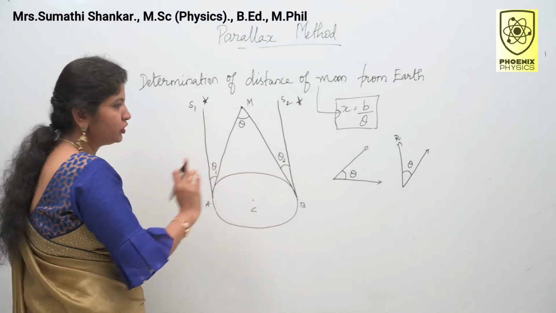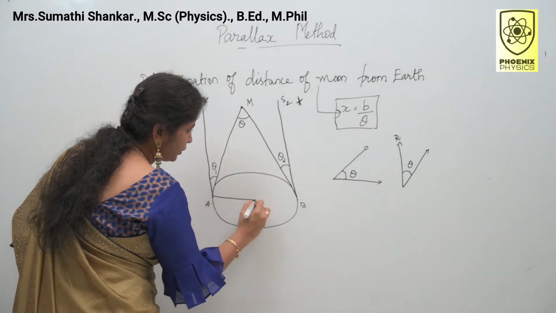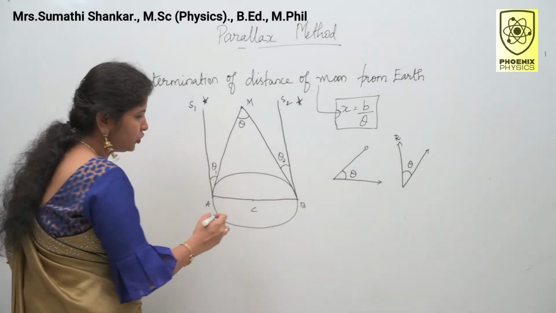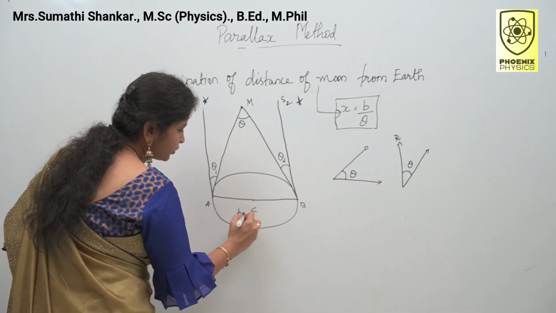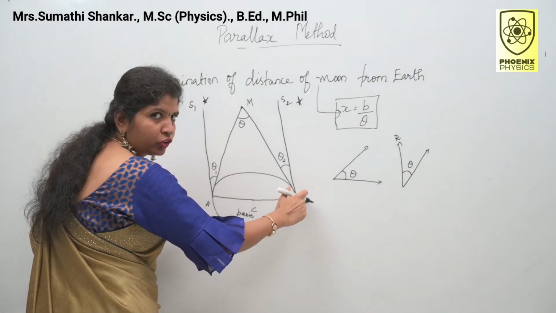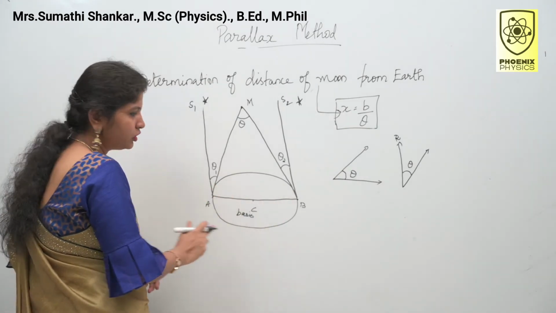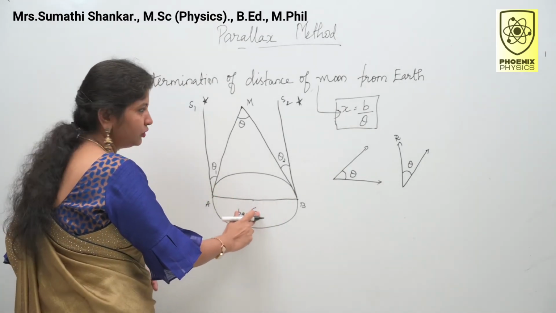Okay, up to this clear? So this is nothing but our basis. What is basis? The distance between two points of observation is the basis. So AB is our basis and C is the center of the earth.